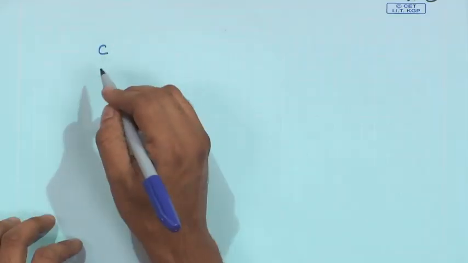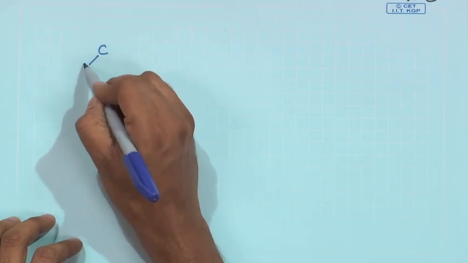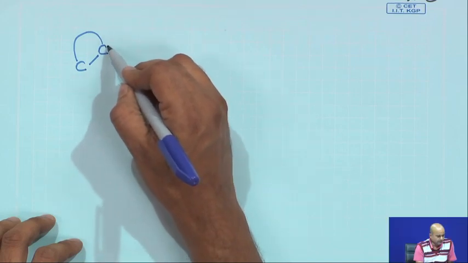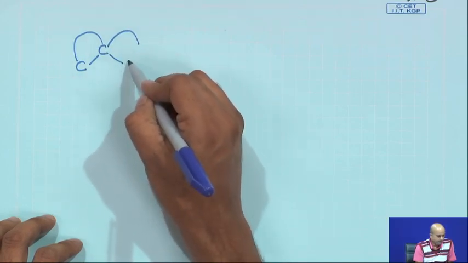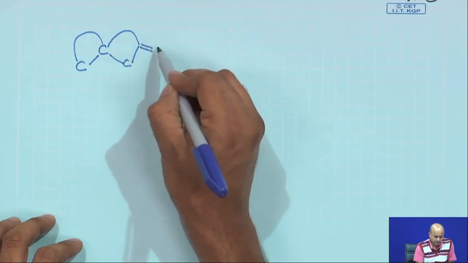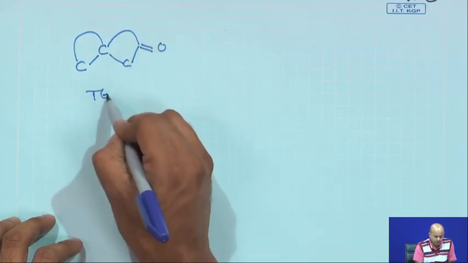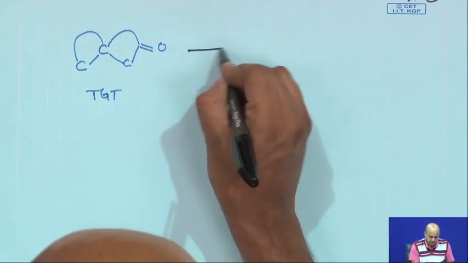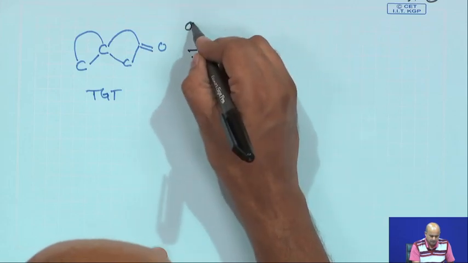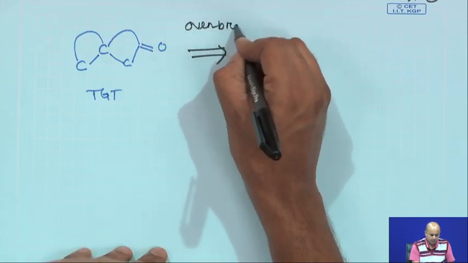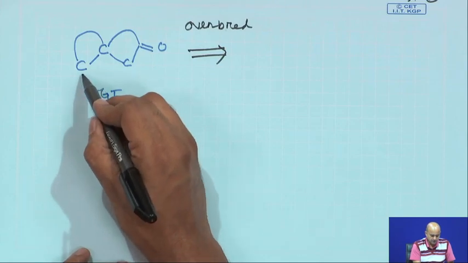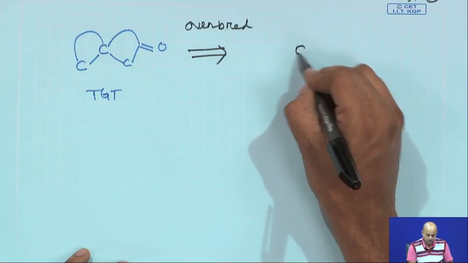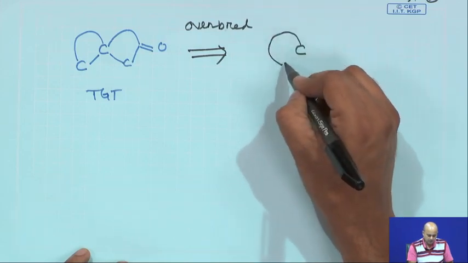Similarly, you can have another target. I am just giving you a schematic view, and I say this compound has this structure. It is a kind of spirocycle structure. Okay. Now, if you have to apply the concept of overbred, you first do the disconnection just by joining this carbon with this carbon, and see how the intermediate now looks.